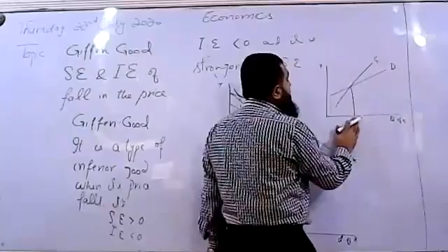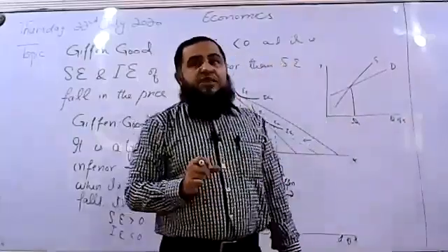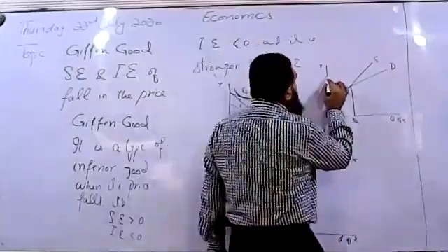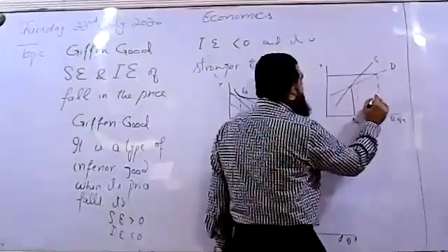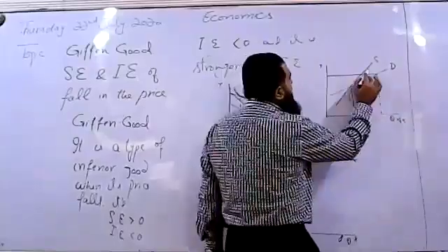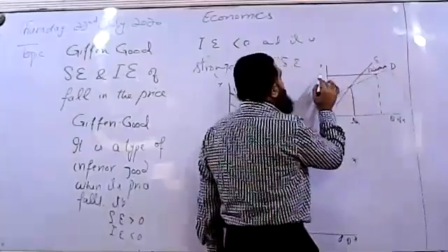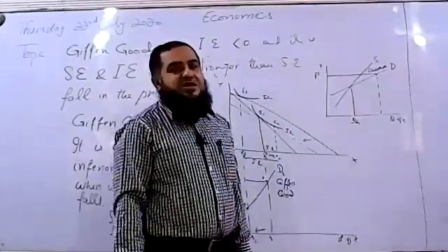Usually we studied that when price is going above the equilibrium, there will be a surplus. But here what is happening? When the price of a Giffen good is increasing, what is happening to this equilibrium? We find a shortage. At higher price, the Giffen good is facing a shortage. Its demand is higher than its supply.